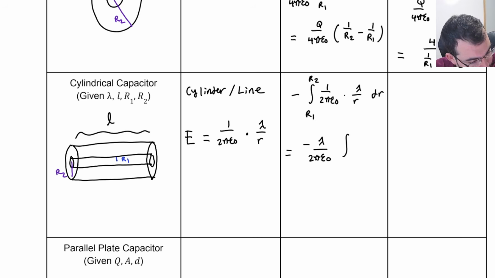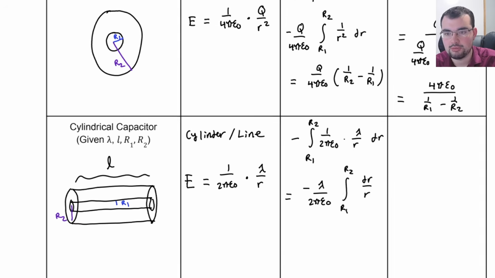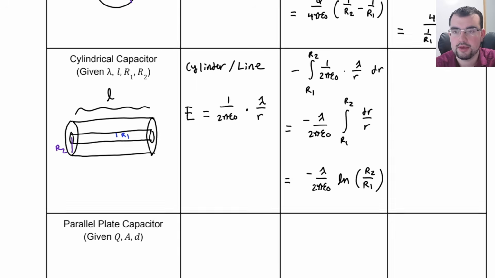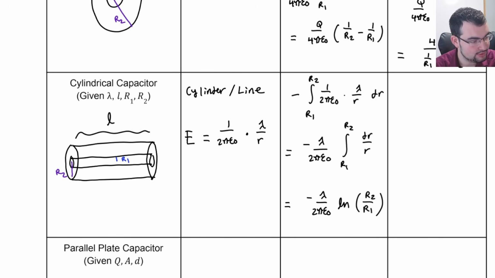And then we integrate from r1 to r2 of dr over r. Since it's not r squared, but r to the 1 on the bottom, we get a special integral. So this would be negative lambda over 2 pi epsilon naught times the natural log of r2 divided by r1. And of course, we'll just flip the sign later.